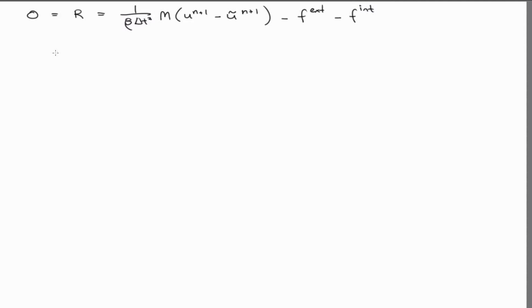And with this residual, we'll use this to construct what's called a tangent stiffness matrix. And it is the gradient of the residual with respect to u. So really, I should say this is the derivative of r i with respect to u j. And that's equal to beta delta t.